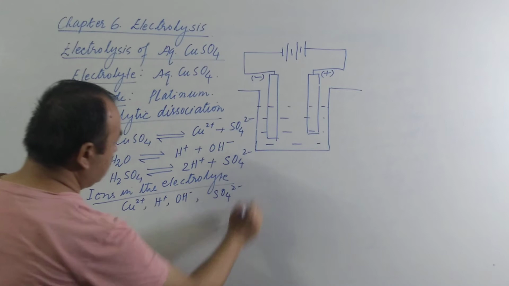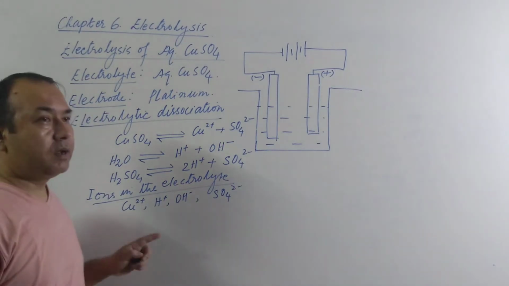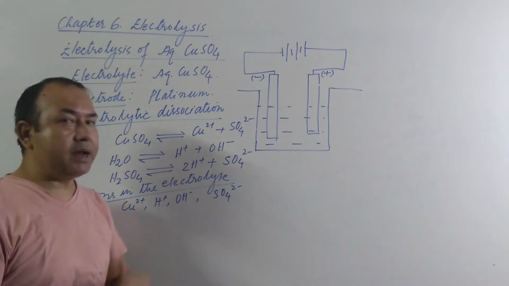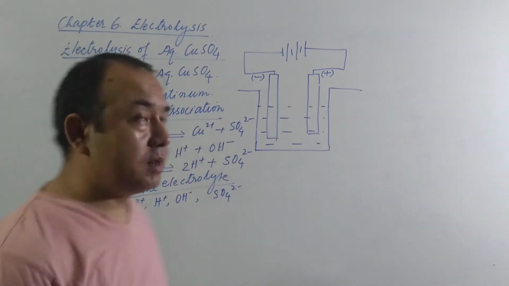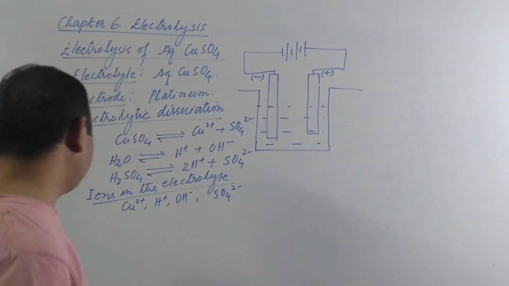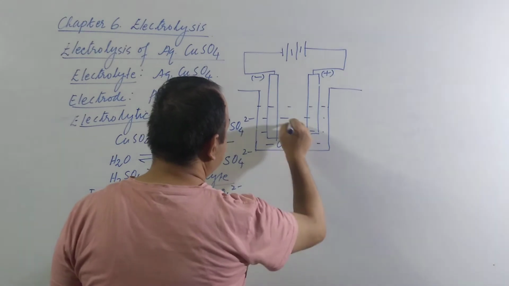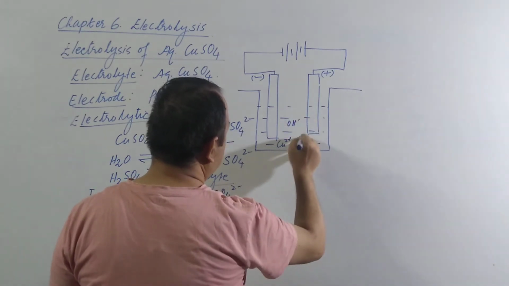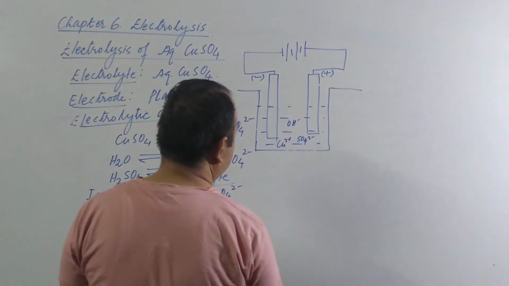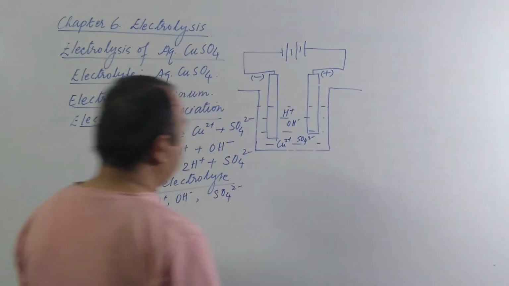So 4 different types of ions are present in the electrolyte: copper ion, hydrogen ion, hydroxyl ion, and sulfate ion.